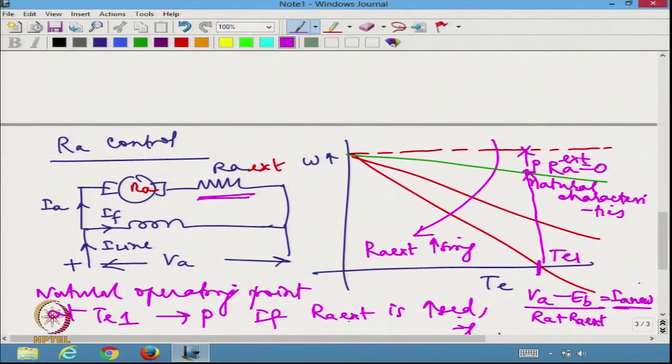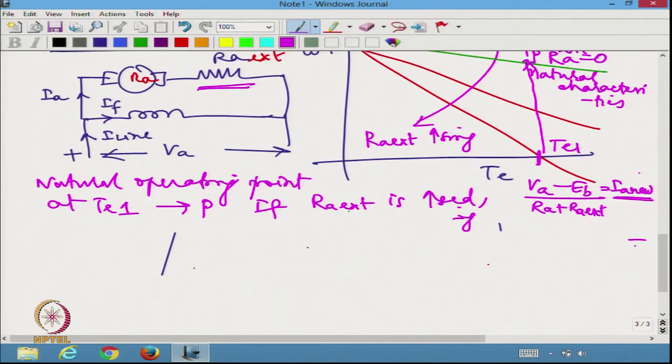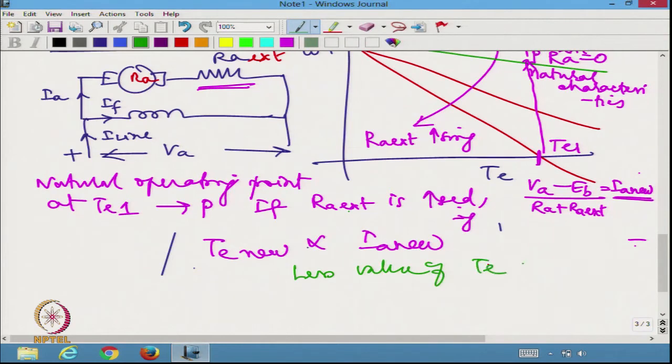So, IA new will be less than the original value of armature current. Because of that, the torque that is produced is going to be proportional to IA new. So, I am going to have less value of TE produced.